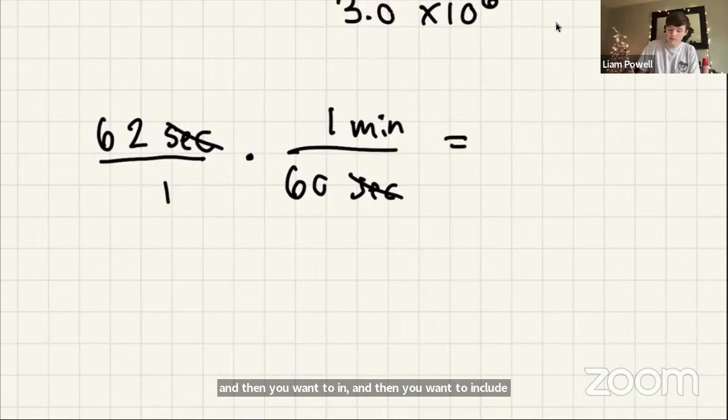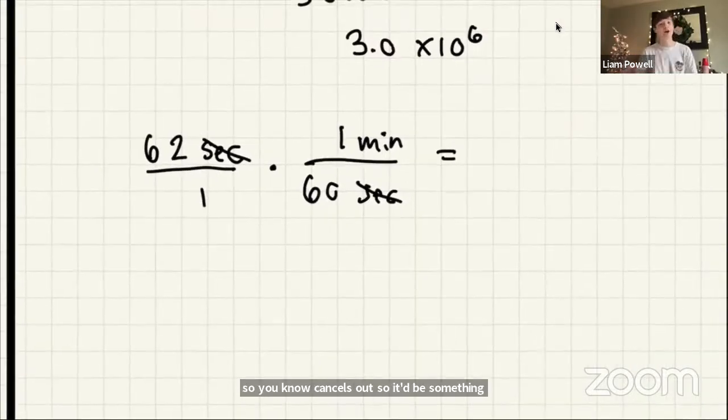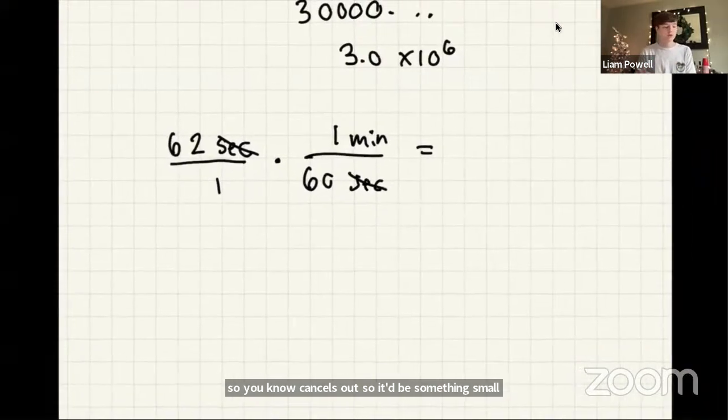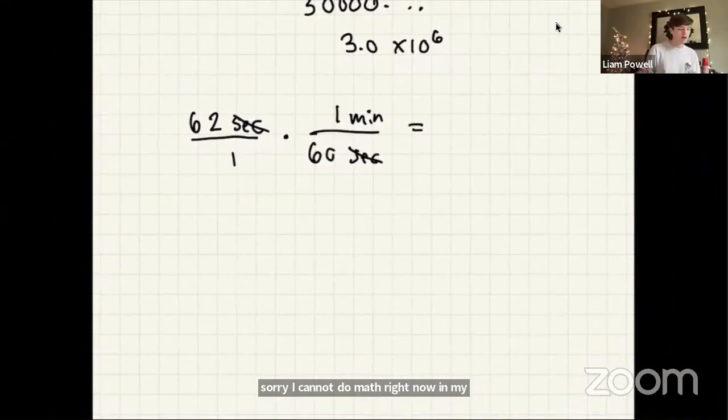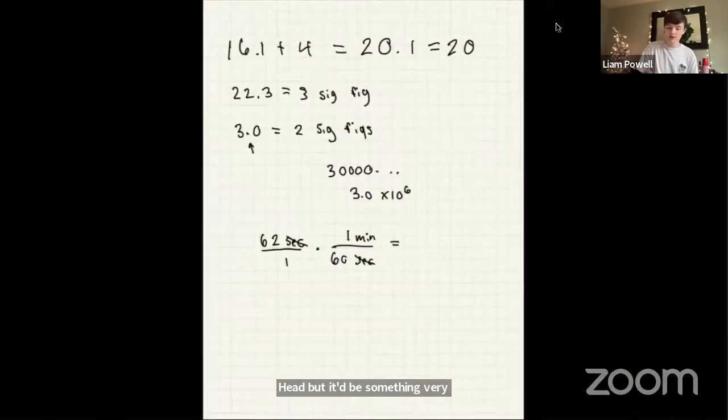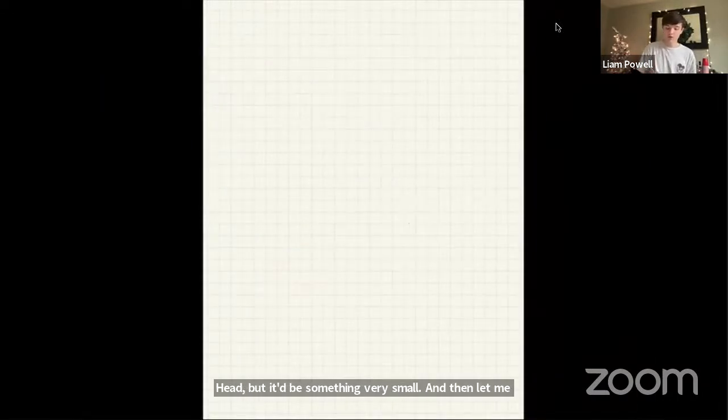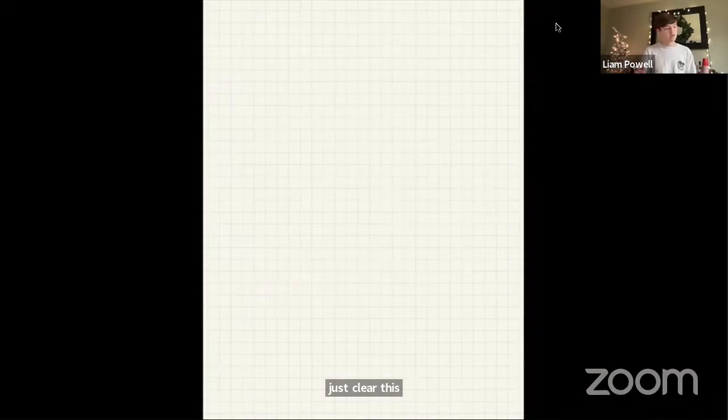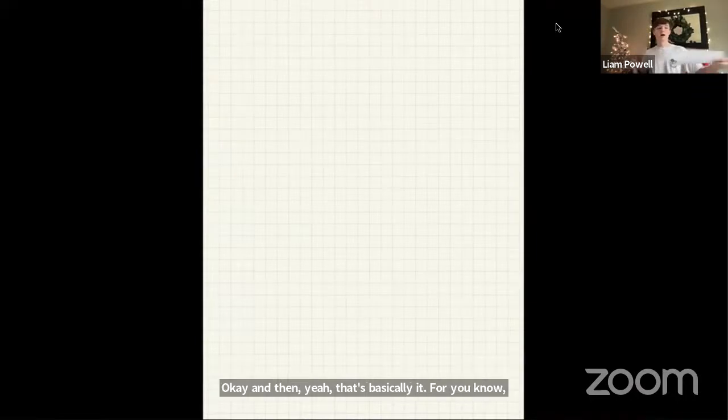So the seconds cancel out. It'd be something small. Sorry, I cannot do math right now in my head, but it would be something very small. And then let me just clear this. Okay, and that's basically it for unit 1 in the notes section.